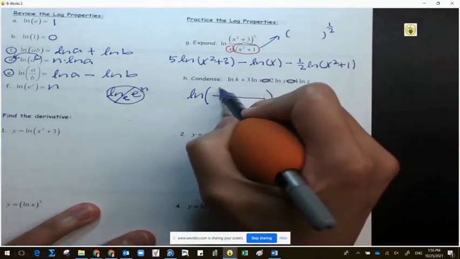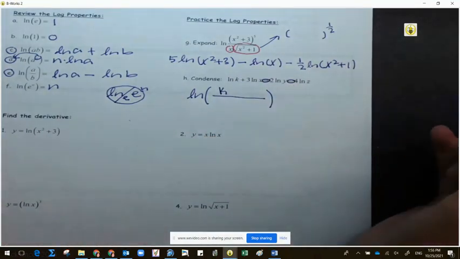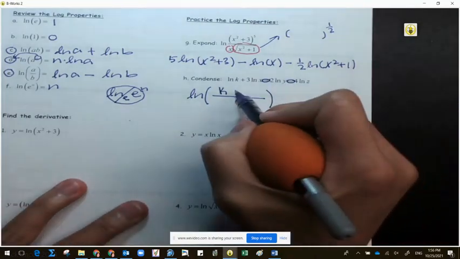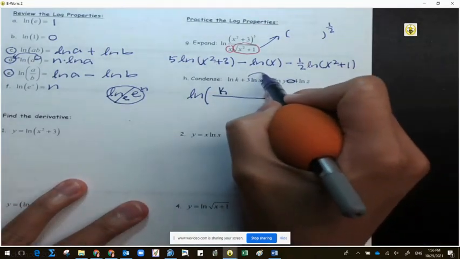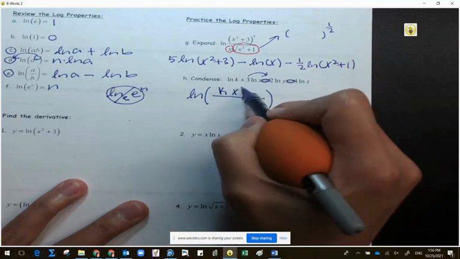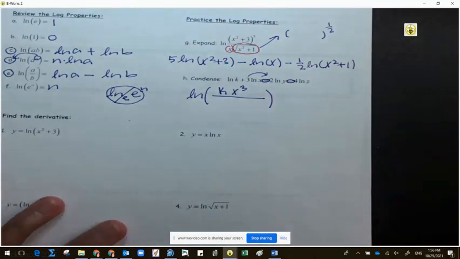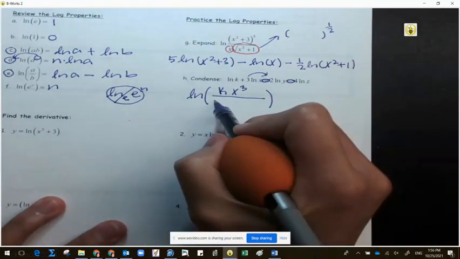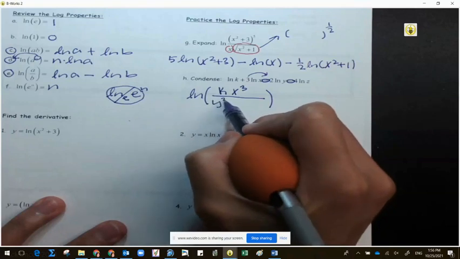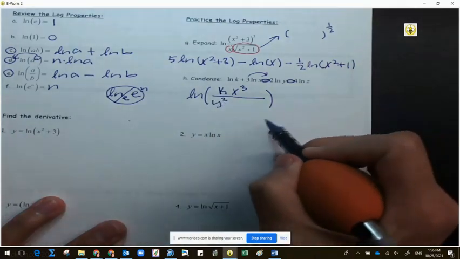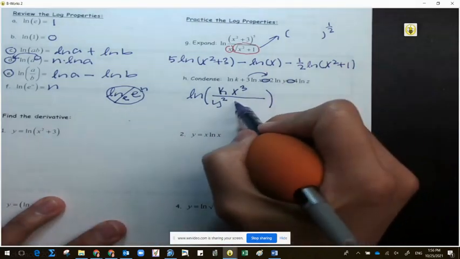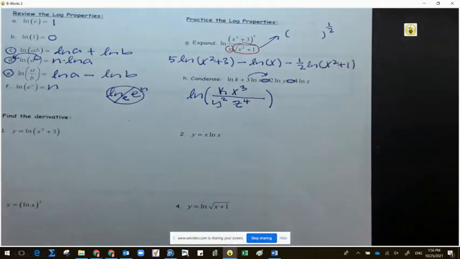So K has a positive. Put that on top. How about the X? Is it a positive or negative? It is positive, and specifically 3 has to come up to the power. So I'm going to write x cubed. And then the Y is going to go on the bottom with y squared because I need to bring the coefficient up to the power. What about the Z? Z to the 4.